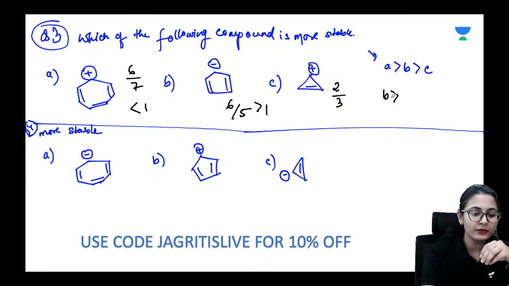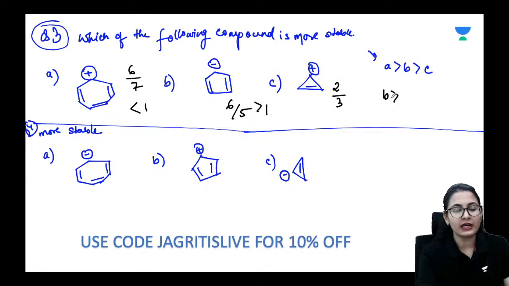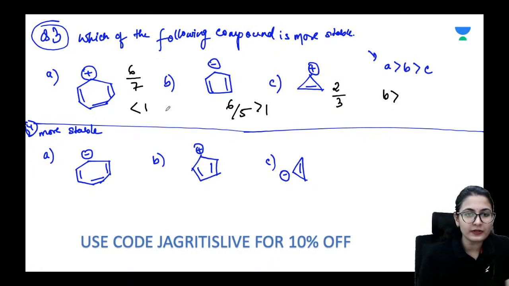Yes. And what about the other one? Coming out to be something like 0.85. Okay. What you can do, you can write B is greater than A and greater.